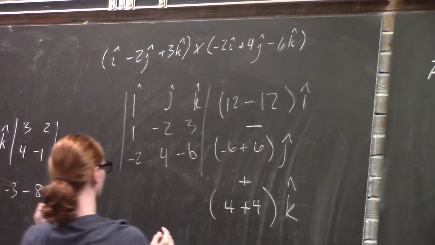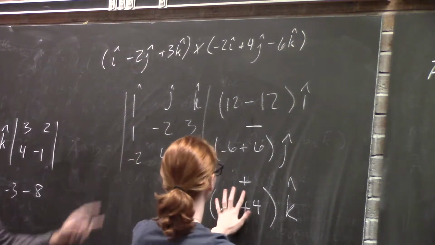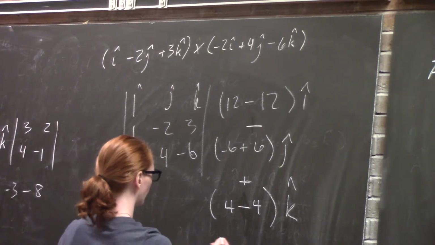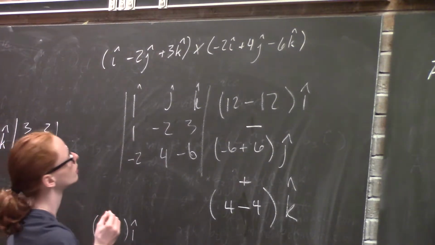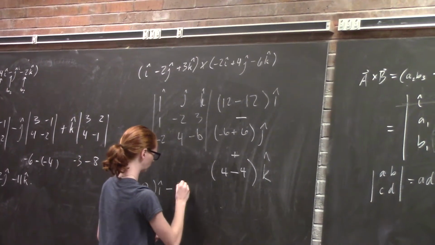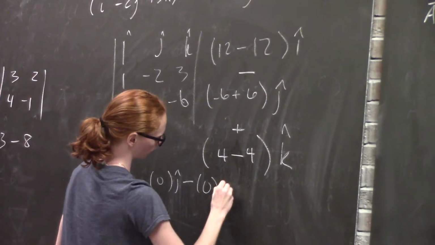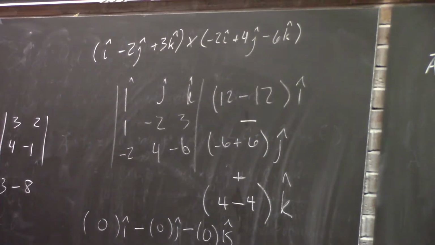Almost. So you're taking 4 and you're subtracting negative 2 times negative 2. You're good, you're good. Okay. Alright, so what's your answer? So i is 0, minus... It's all 0. Yeah. Awesome. I did it on purpose.